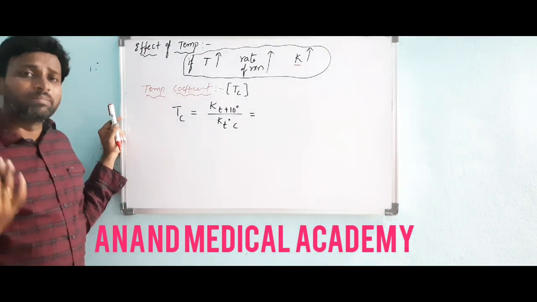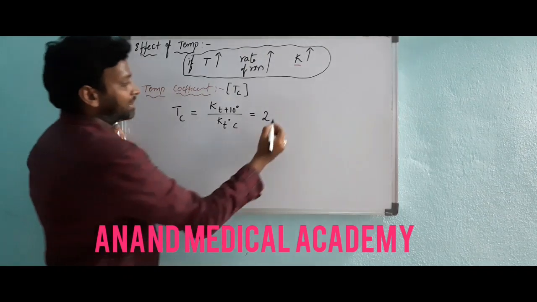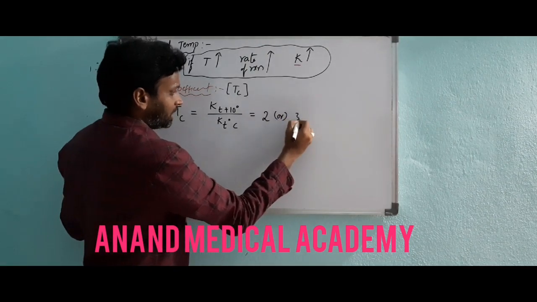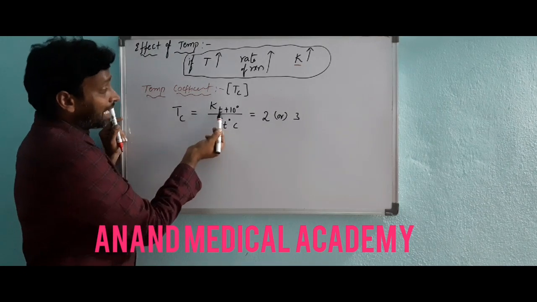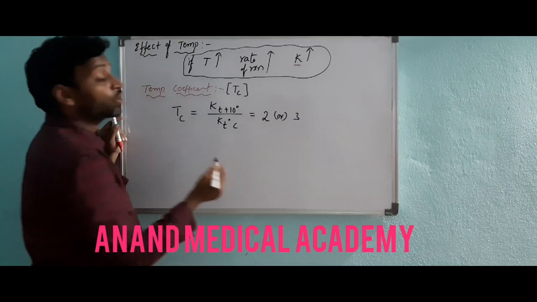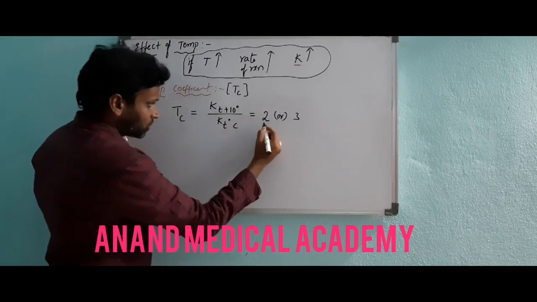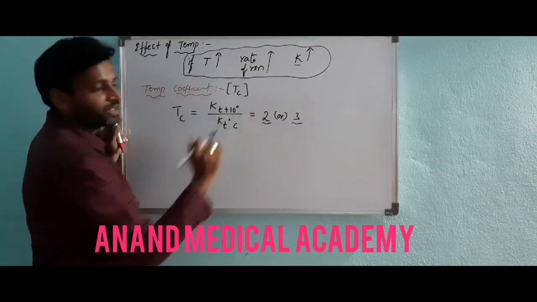For most of the reactions it will be equal to 2, or else for some reactions it will be 3, you have to consider. So temperature coefficient is K(T+10) by K(T) equal to 2 or 3. For most of the reactions it will be 2.